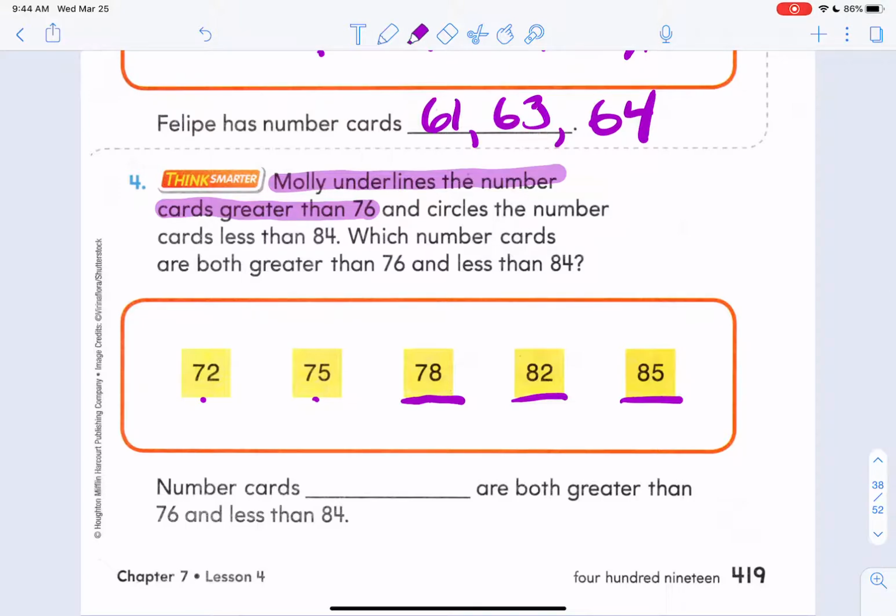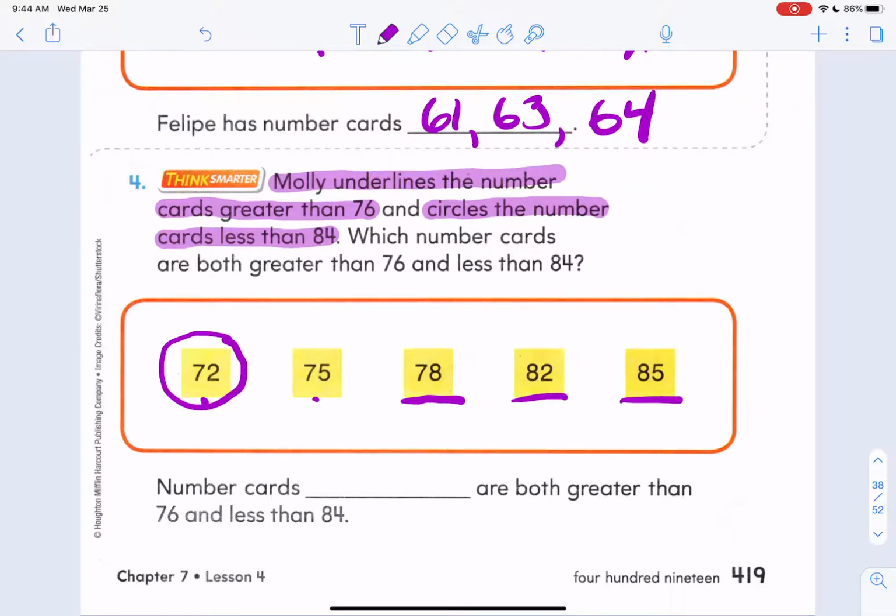Now let's go back to the problem. And she circles the number cards less than 84. Okay, so I need number cards that are less than 84. Okay, we go back up here to 72. Is that less than 84? Yes. Circle it. 75.